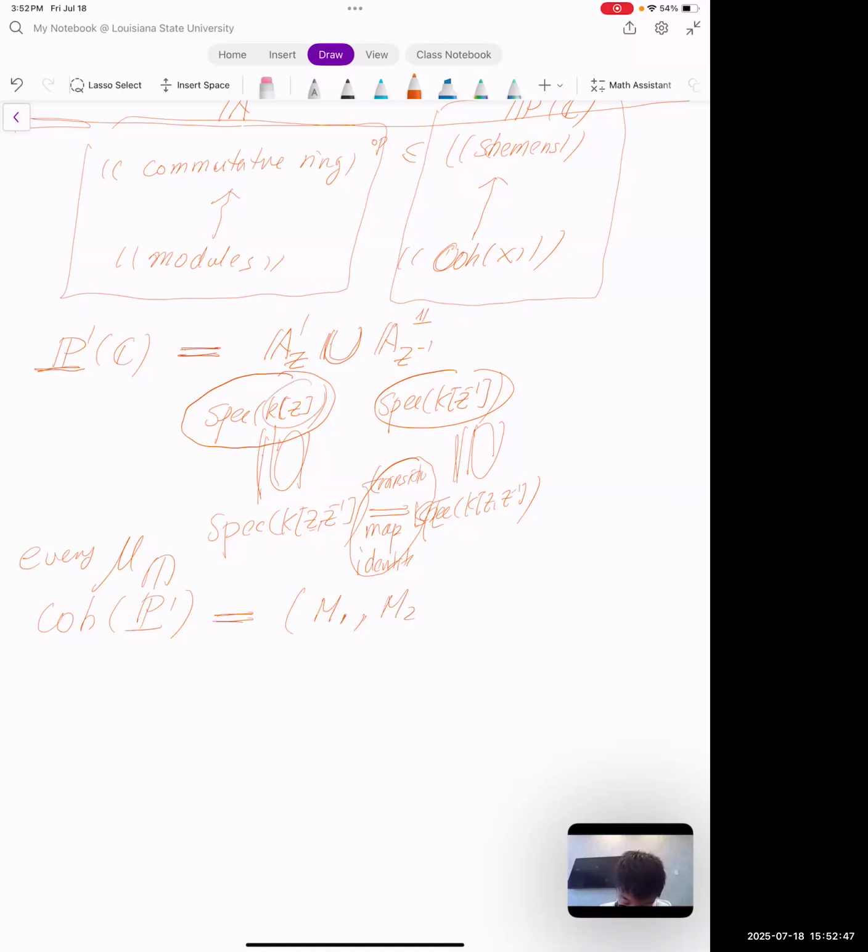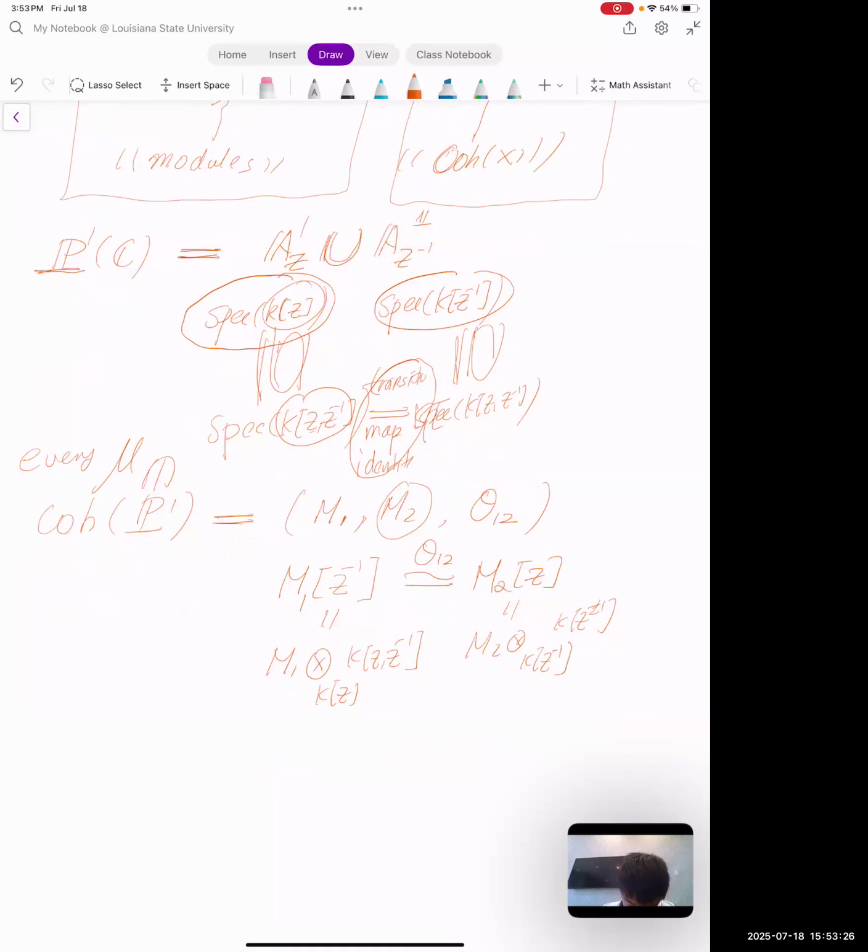M1 is a module over K[Z], M2 is a module over K[Z inverse], and an isomorphism, say theta 12, which says you localize this module at Z inverse, and there is an isomorphism of the Laurent polynomial modules between M2 localized and M1 localized at Z. So any quasi-coherent sheaf is given by M1, M2 with an isomorphism of Laurent series modules.